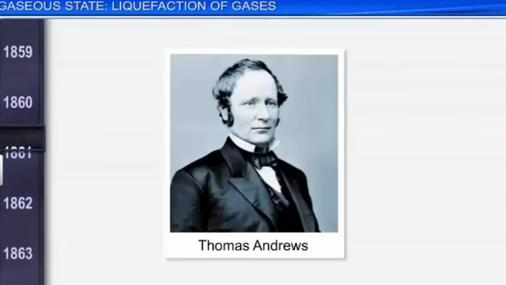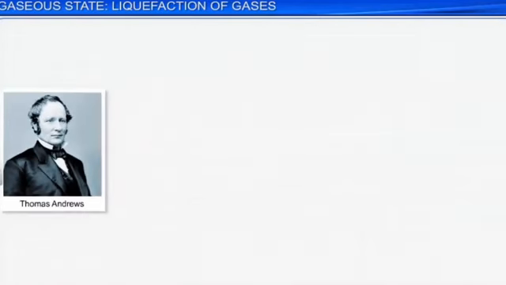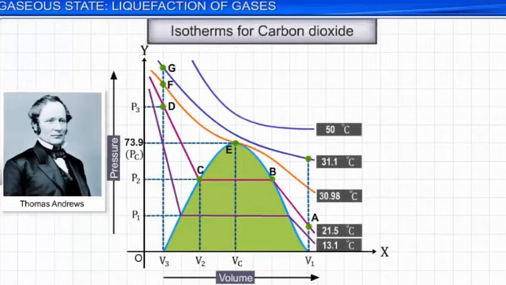In 1861, Andrews studied these critical phenomena of carbon dioxide. In his experiments, he studied the effect of pressure on volume at different temperatures for carbon dioxide. He plotted this variation in volume and pressure at constant temperature, called isocurves, as shown in the graph.